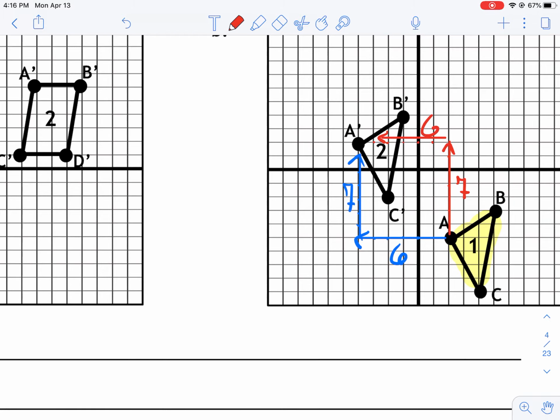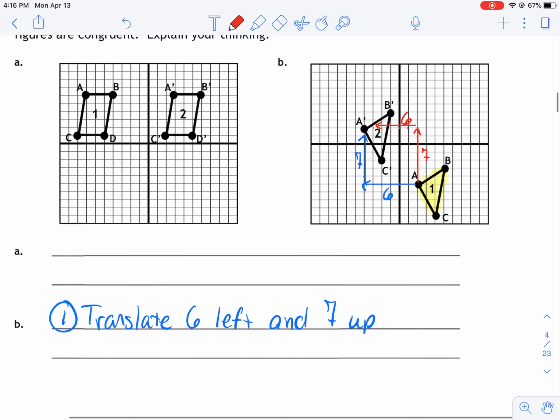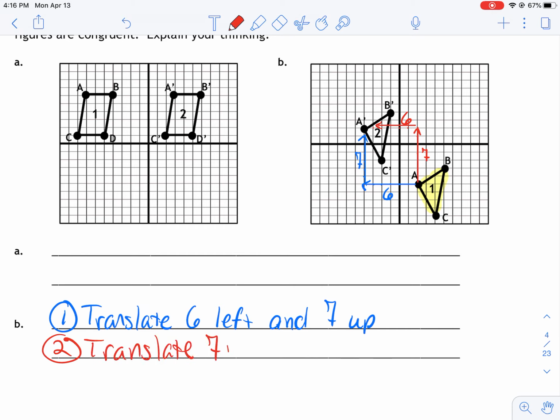All right, and again, it's from A to A prime, so it's still 7 up and 6 left. But the order doesn't matter. You could have said up first or left first. So you could also have said translate 7 up and 6 left. The order doesn't matter usually on a single translation. There are some times where order does matter and other times where order doesn't.